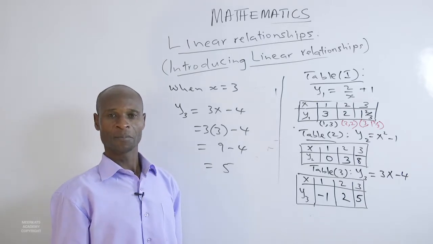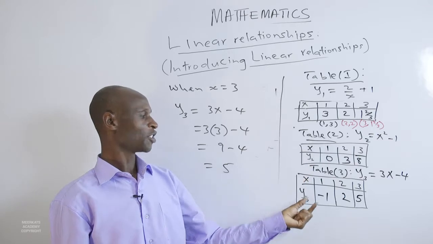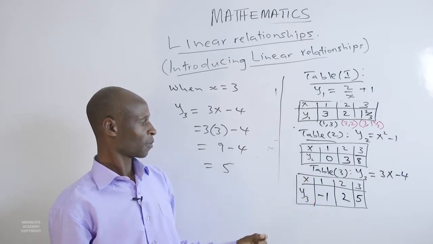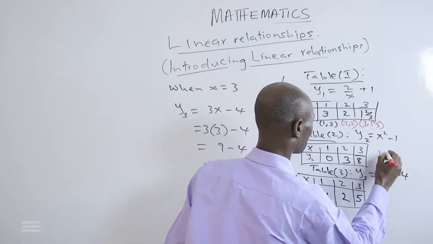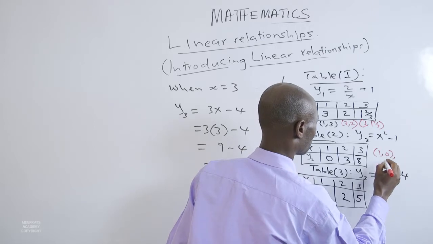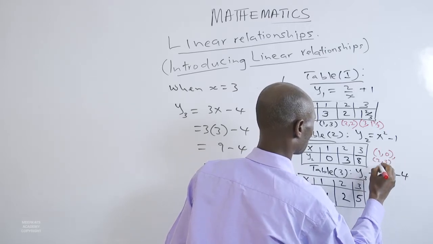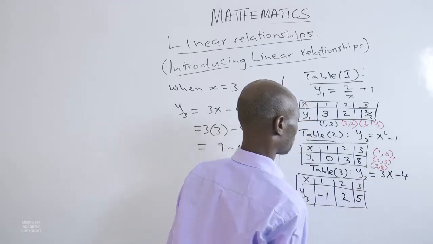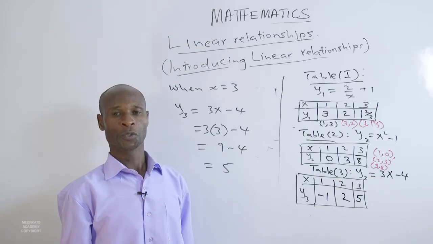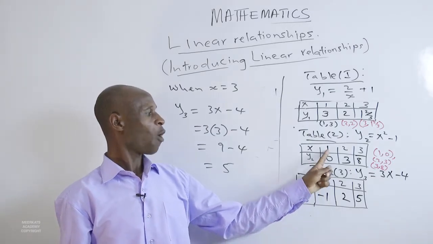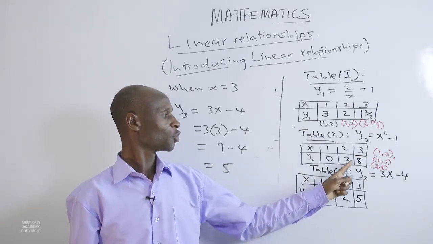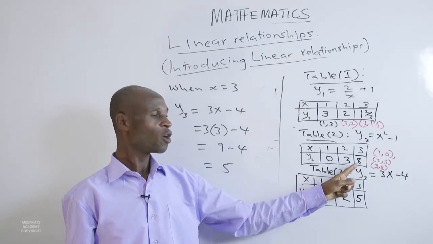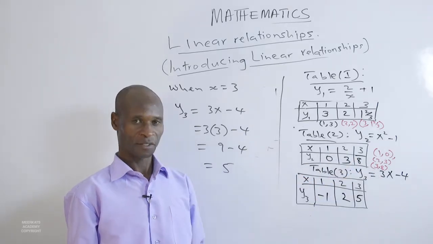We can do the same for table 2 and table 3 as follows. For table 2, the coordinates are (1, 0), the second coordinate is (2, 3), and the final coordinate is (3, 8).